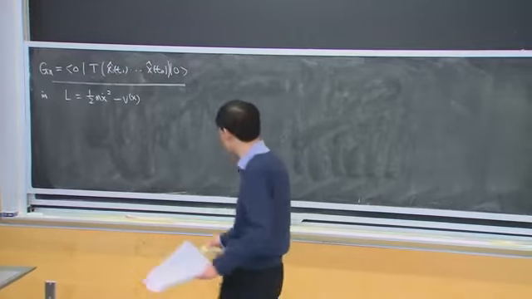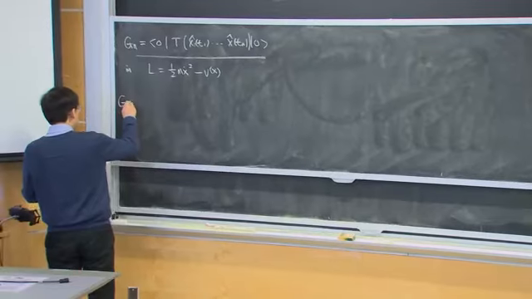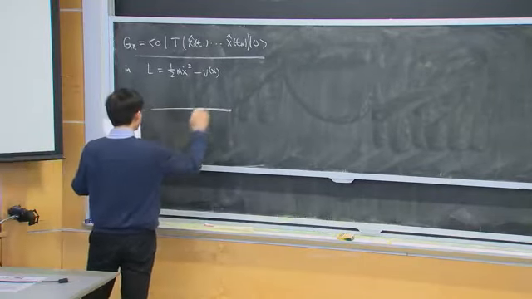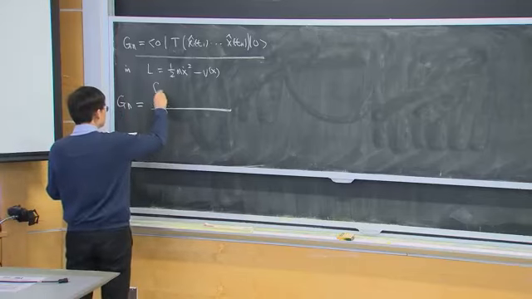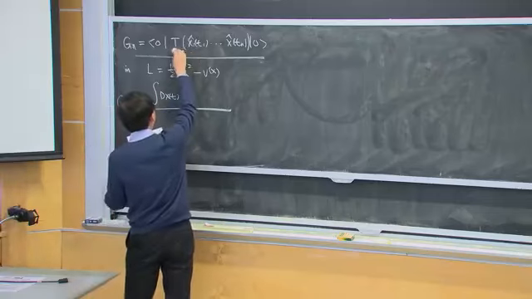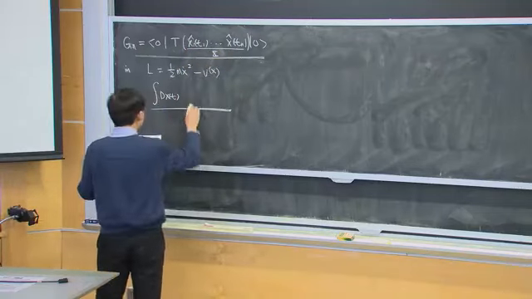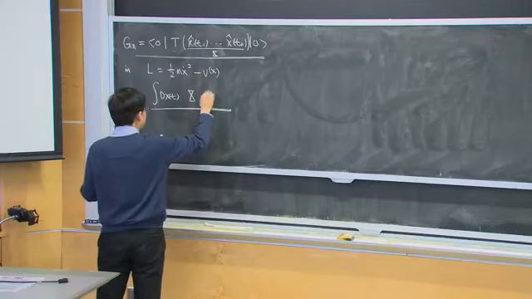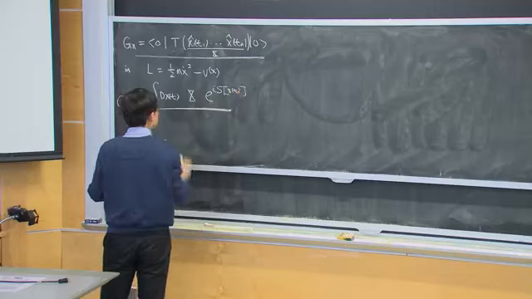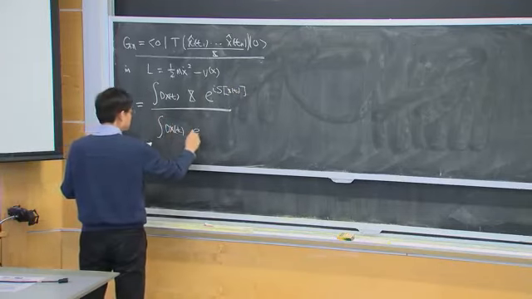So the formula is given by the following: G_n is given by the ratio of two path integrals. If we call this thing x, then the integral of dx(t), x, and then exponential i S[x(t)], divided by the dx(t), just the pure path integral.